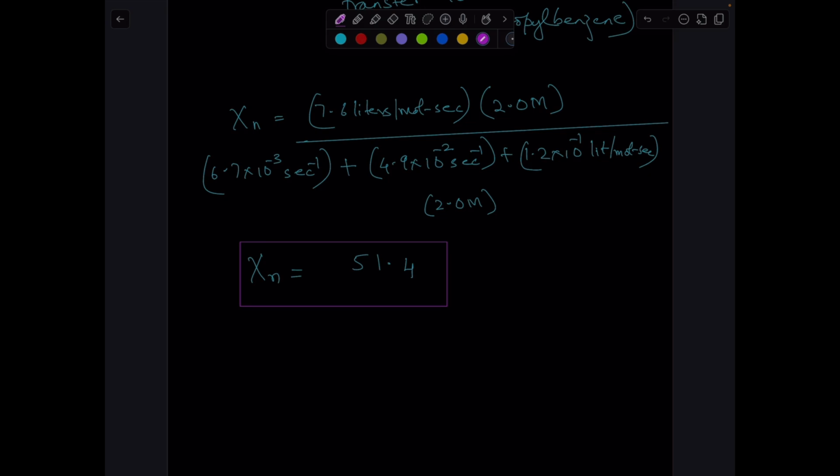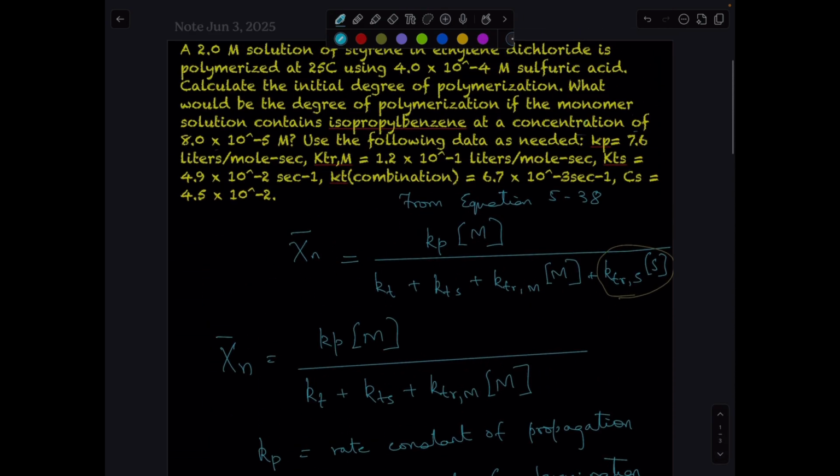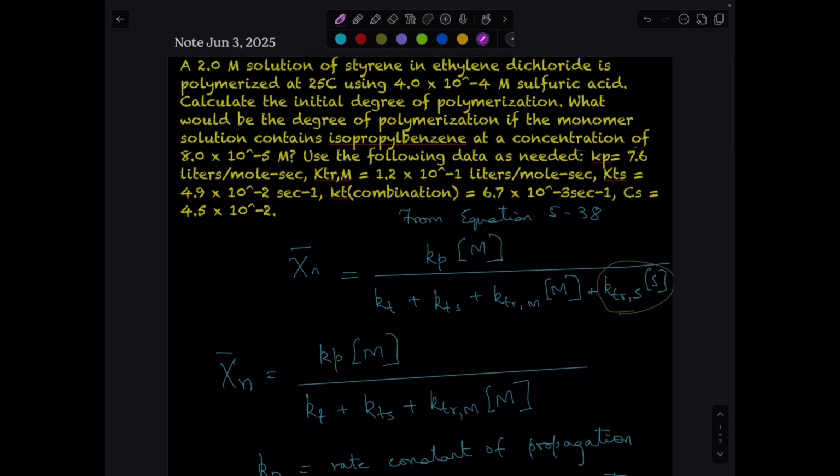Now for the second part, which is what would be the degree of polymerization if the monomer solution contained isopropylbenzene, which is a chain transfer agent, at a concentration of 8.0 times 10 to the negative 5 molar.